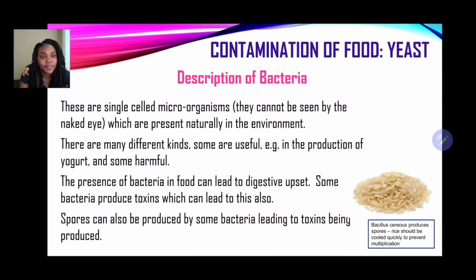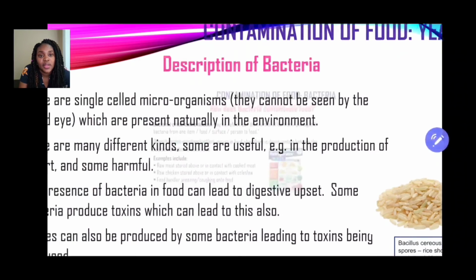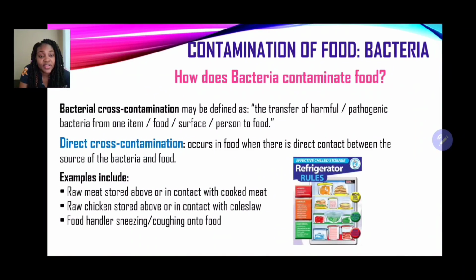All right, good. Now, how does bacteria contaminate food? Bacterial cross-contamination may be defined as a transfer of harmful or pathogenic bacteria from one item, food or surface, to the food, right? Now, direct cross-contamination occurs in food when there is direct contact between the source of bacteria and the food.